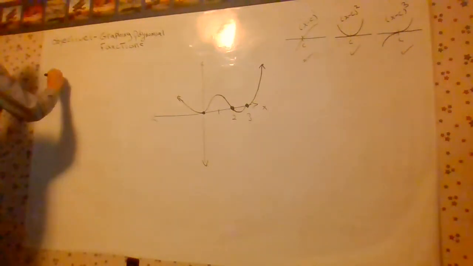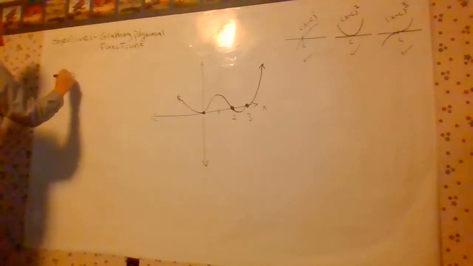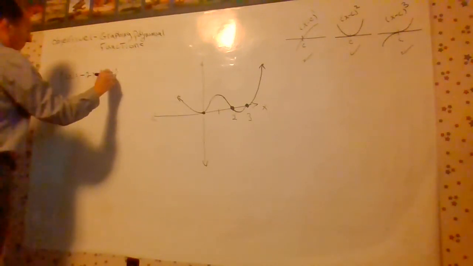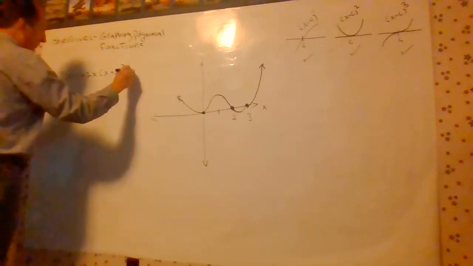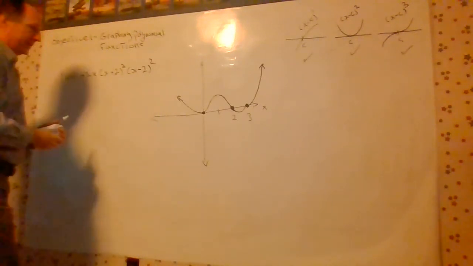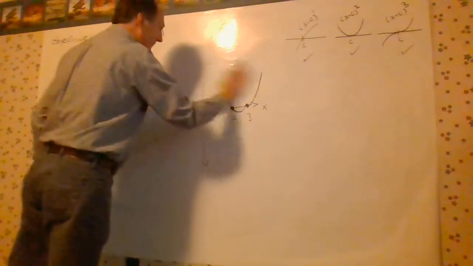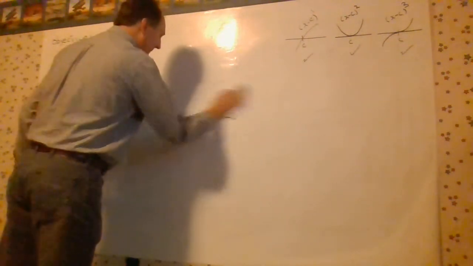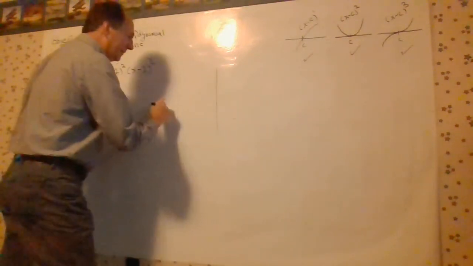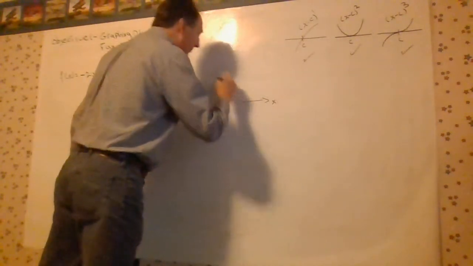Let's look at another example. Let's suppose we have f of x is negative 2x, x plus 2 squared, x minus 2 squared. And we're going to draw our coordinate system.